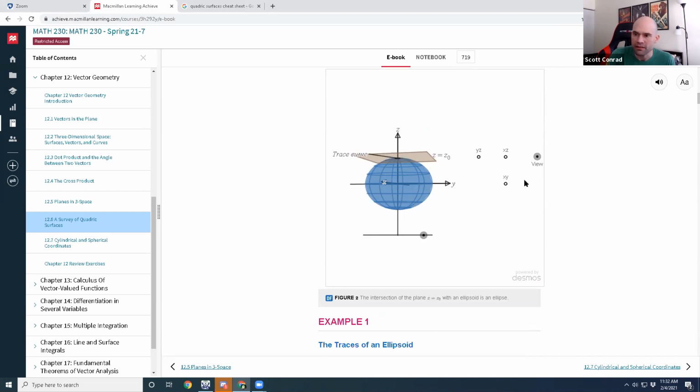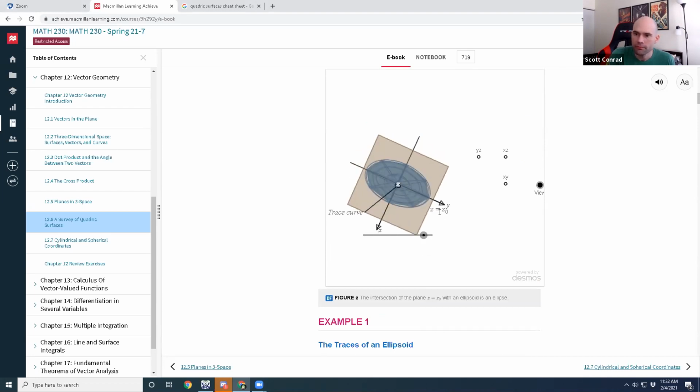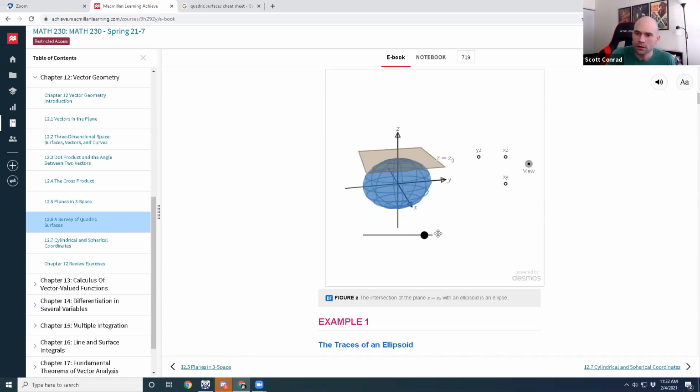Pretend that's a single point. So it collapses to a point, and that's what you get there. And when you go any higher than that, it no longer intersects your surface. There's no curve of intersection. The trace is empty. That's going to happen when something squared plus something squared is a negative number.